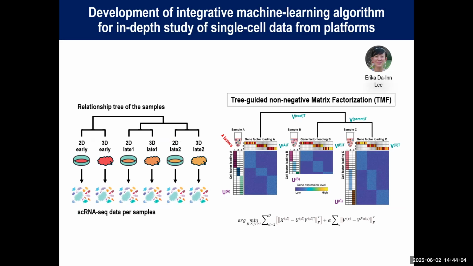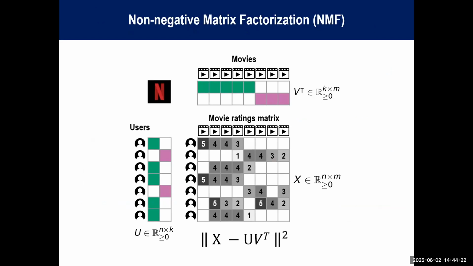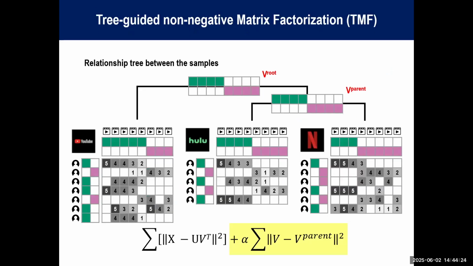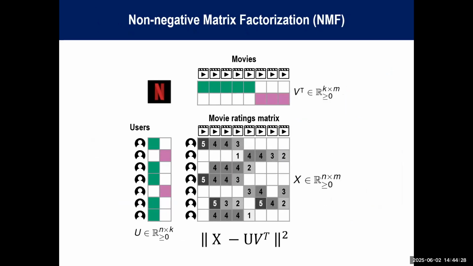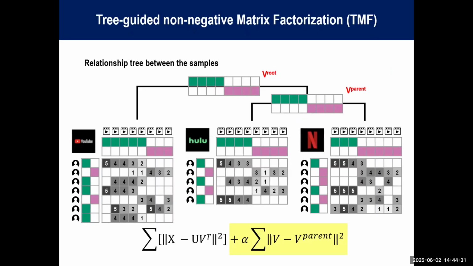TMF differs from NMF. TMF stands for tree-guided non-negative matrix factorization. In NMF, we can just consider two species at a time, but in TMF, what we can do is, earlier when we were considering just a list of movie ratings and users, here we can consider different platforms, Netflix, Hulu, or YouTube.